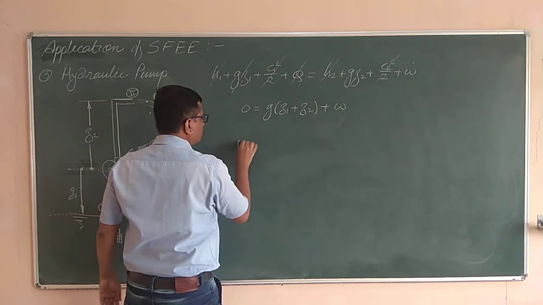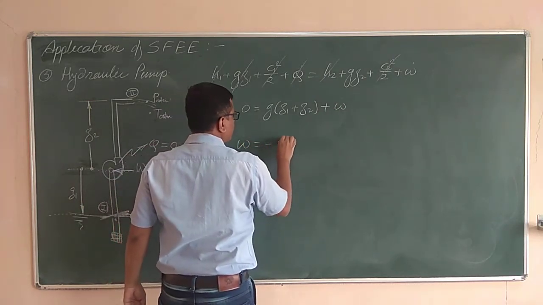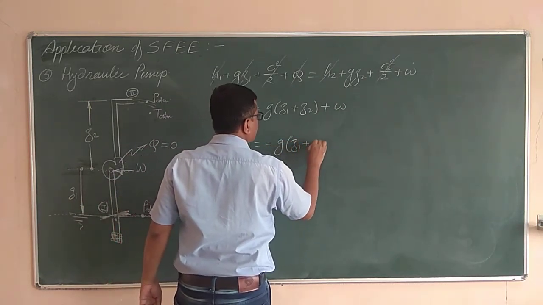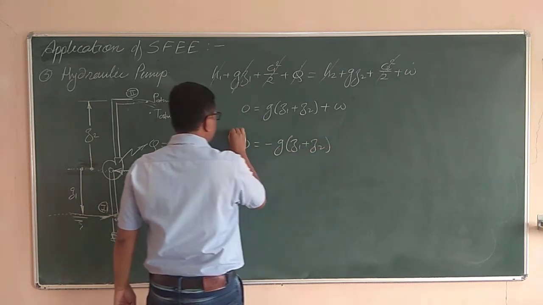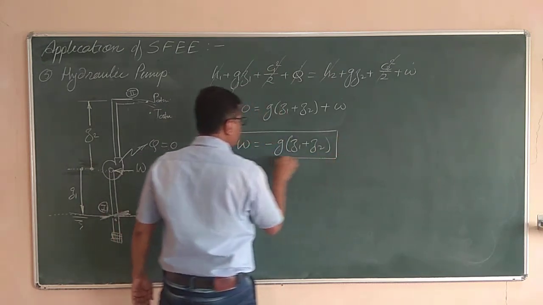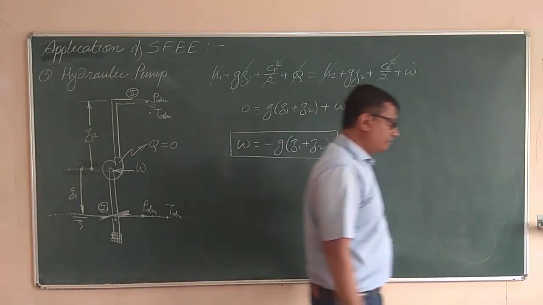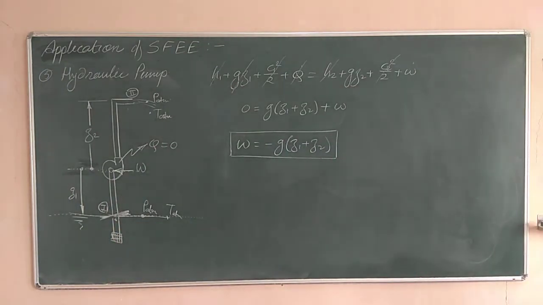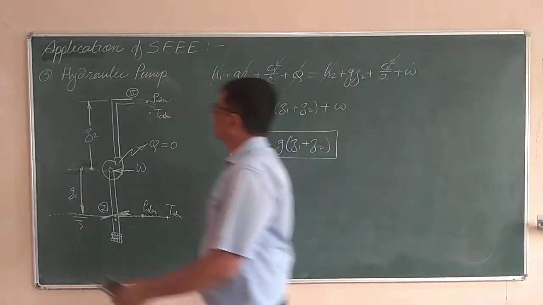Hence I can write W dot is equal to minus g(Z1 plus Z2), and this is the application of the steady flow energy equation to the hydraulic pump. So let us see the next application.